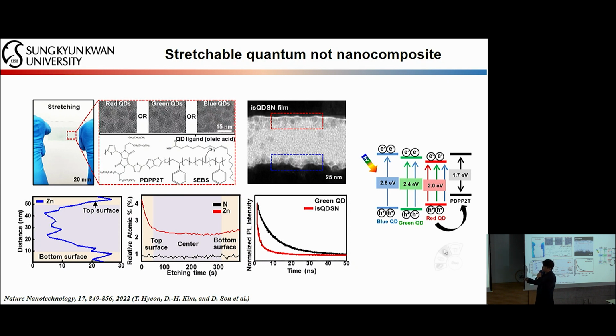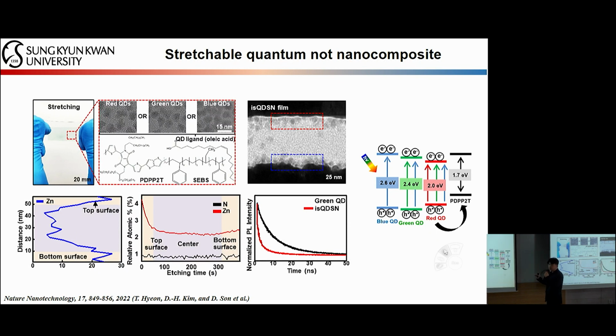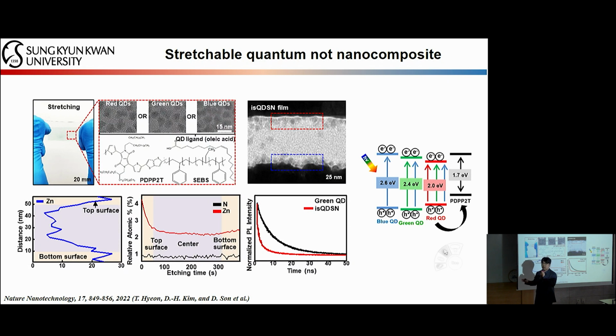When we fabricate the stretchable semiconductor network composite with an optimal mixing ratio, we confirmed the unique phase separation of the quantum dots in the network composite, confirmed through HRTEM and XPS depth profile.